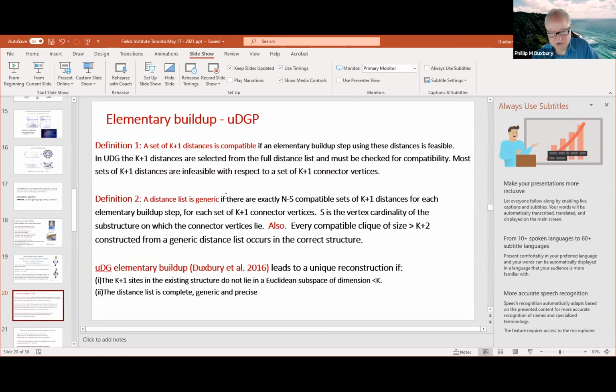So there were two statements. The second one is the one I emphasized, and that is, if I have a precise distance list, which is complete, and I form a clique from it of size greater than k plus 2, that is compatible, meaning that the distances fit together without error or without conflict, then all such cliques do appear in the final complete reconstruction.